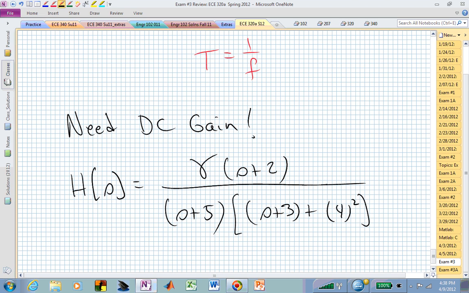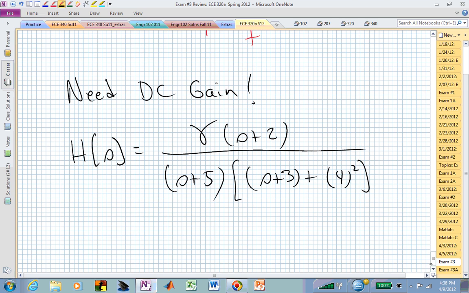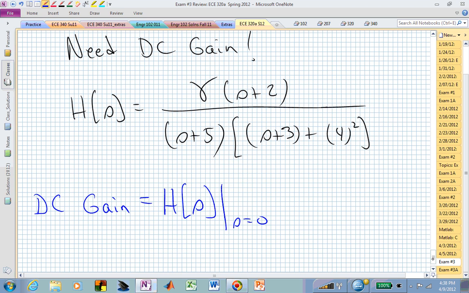What's my DC gain for this system? It's when s is equal to 0. And in this case, we would have gamma times 2 over 5.